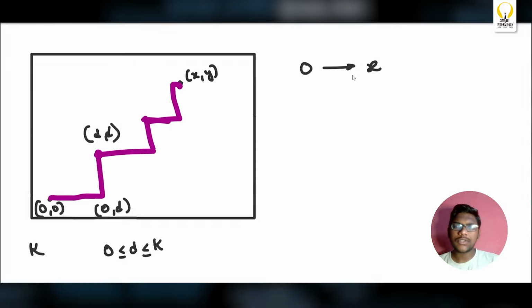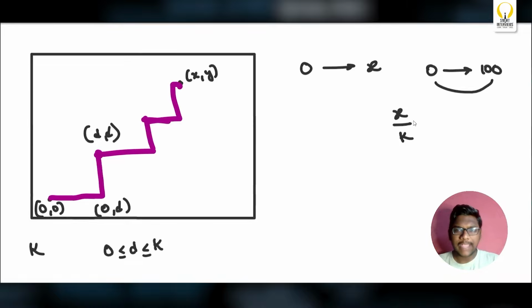As long as there is a possibility, let's say this is 0 and this is 100, and if my k is 3, you'll keep on considering 3, 3, 3, 3, 3 as long as you reach 99, and after that you'll just pick the remaining thing. Okay, this point. So how can you reach from here to here? Can I simply say that it is nothing but x by d, I mean by k?